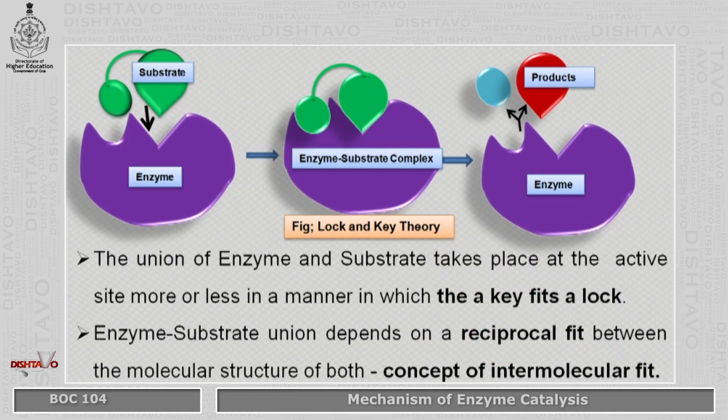The union of enzyme and substrate takes place at the active site more or less in a manner in which the key fits the lock. Enzyme-substrate union depends upon the reciprocal fit between the molecular structure of both the enzyme and the substrate, because of which this model is also called as concept of intermolecular fit.